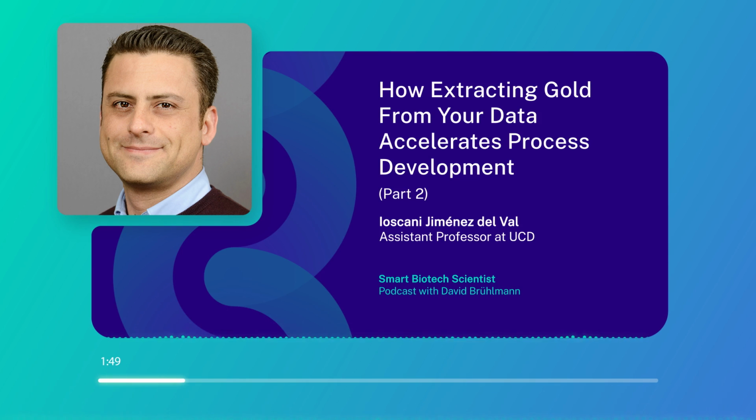Ioscani, how can we as scientists optimize and control a process in the best manner? Can you break it down into a few simple steps? First thing we ideally want to do is understand the system, those input-output relationships, but again, across time, extracting as much information as we can from the data that we have, both qualitatively and quantitatively. Data processing, which I was just discussing a moment ago, to extract the maximum amount of information.